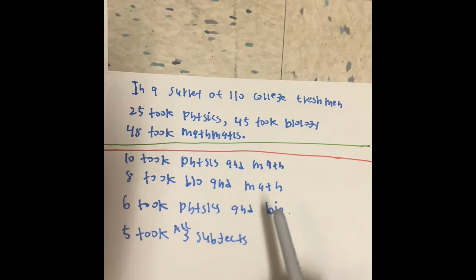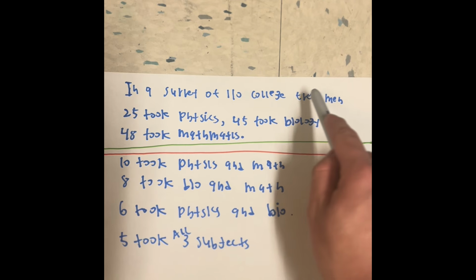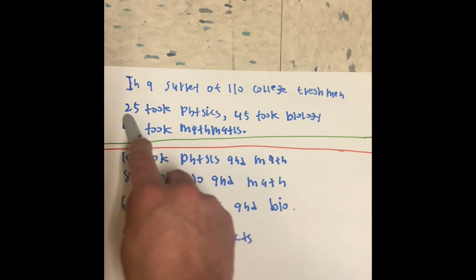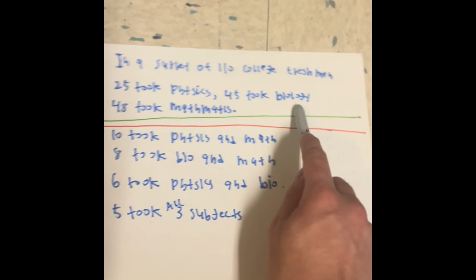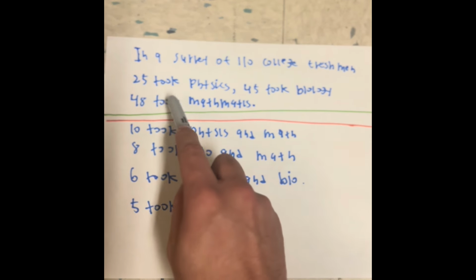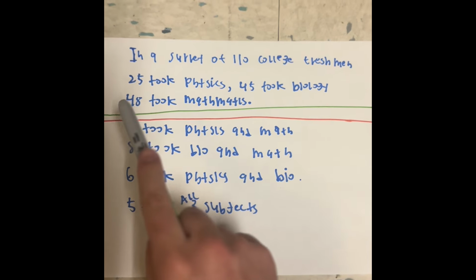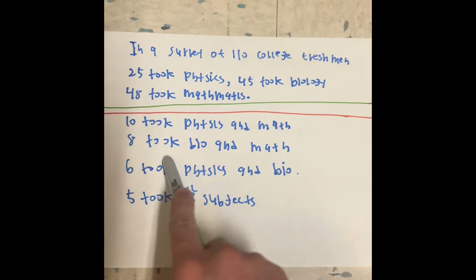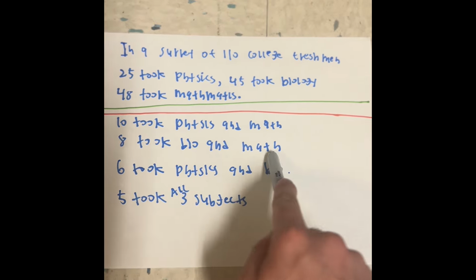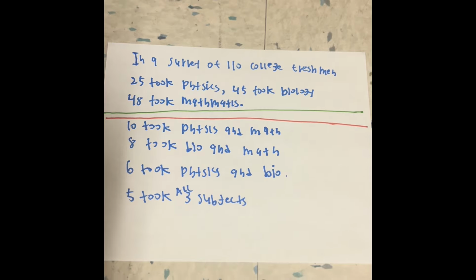Let's read carefully. In a survey of 110 college freshmen, 25 took physics, 45 took biology, and 48 took mathematics. But here's the catch. 10 took physics and math, 8 took bio and math, and 6 took physics and bio.